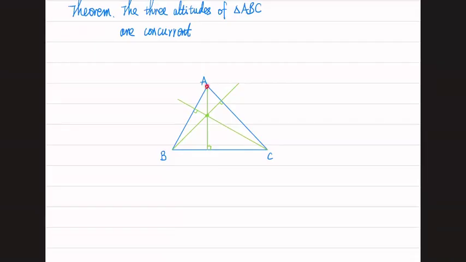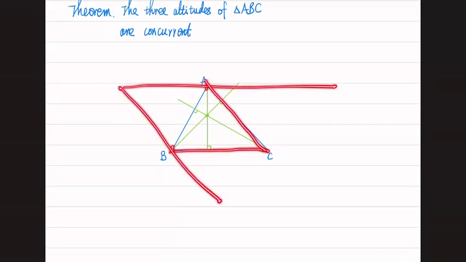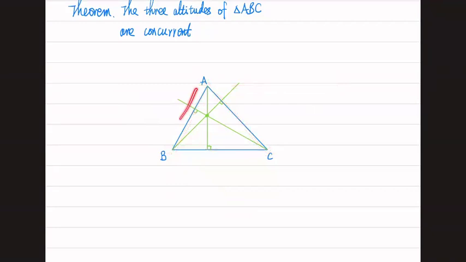I will draw a line parallel to this side. This vertex, I draw a line parallel to this side. This vertex, I will draw a line parallel to this side. Okay, I'm going to draw three parallel lines. I'll use a different color.